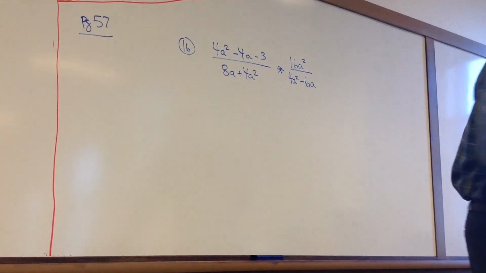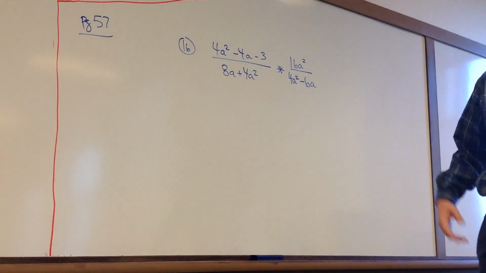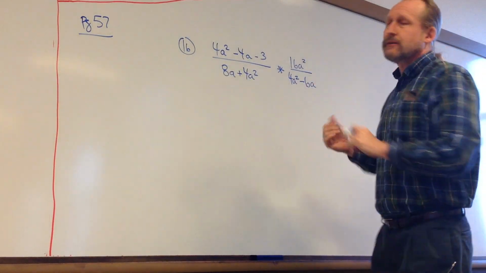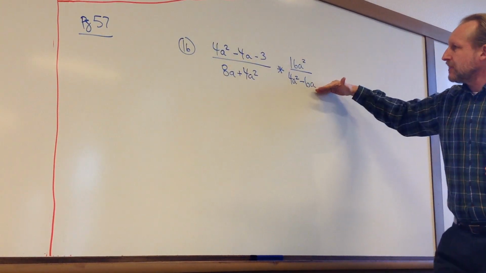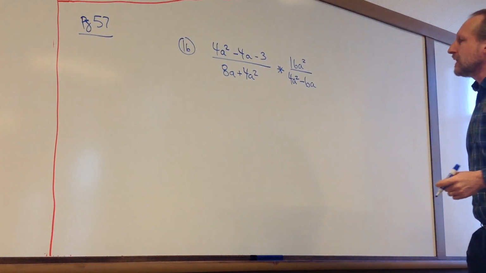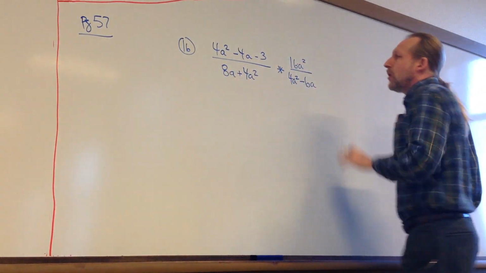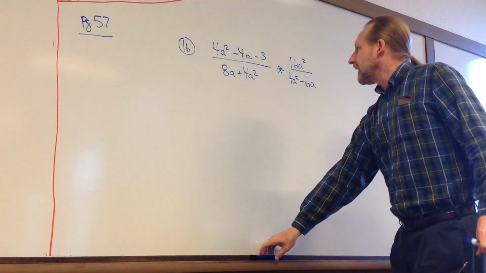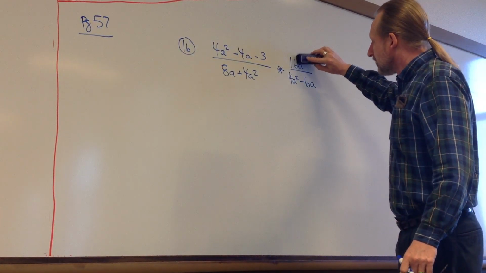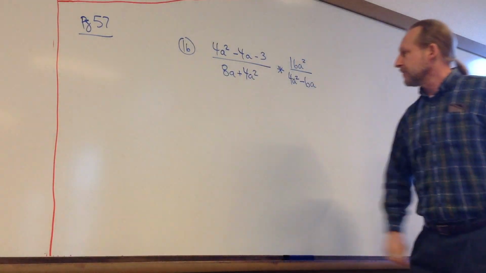Okay, so just like we did in the first part of this section where all we were doing was reducing fractions, we want to know what are the factors of each numerator and each denominator. This one right here is all multiplication. So we don't really need to worry about factoring that. This is already written in terms of multiplication.